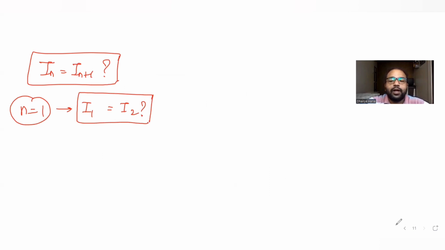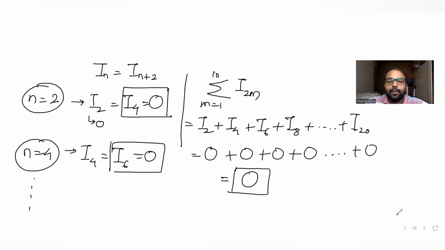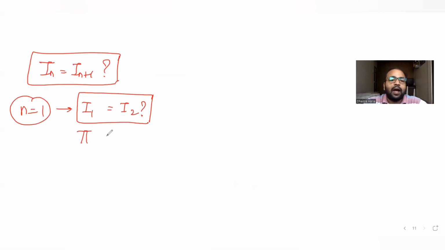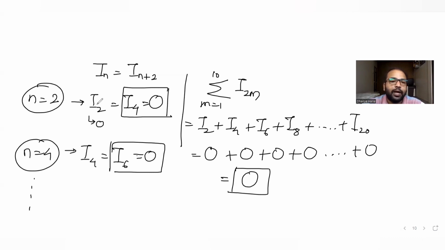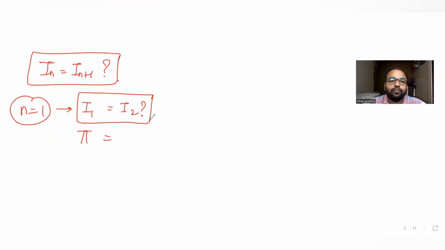We already calculated that when n is equal to 1, we had I1 as pi, and I2, which we had in the previous slide, turns out 0. And I can see that pi and 0 are not equal to each other. So I can definitely say I1 and I2 are not equal.